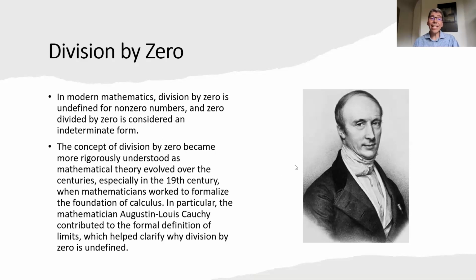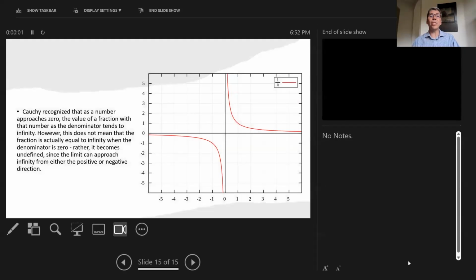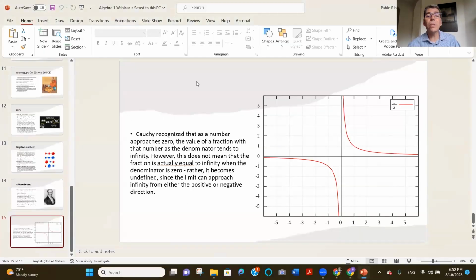The mathematician that developed this concept is a French mathematician, Augustin Louis Cauchy. He basically helped to define why the division by 0 is undefined. And the idea is the following here. Oops, let me go to the presentation again. So let's switch. Oops.